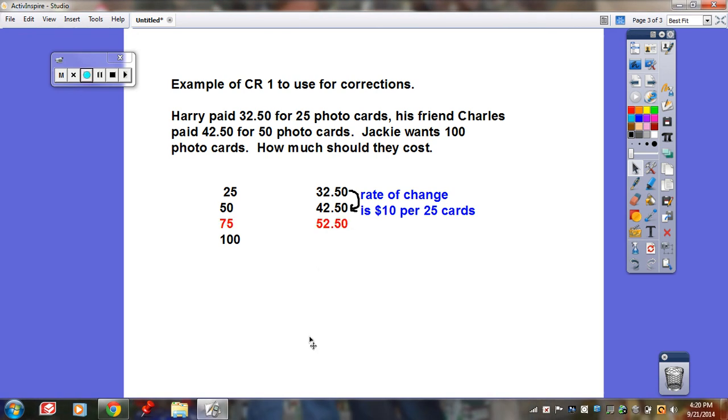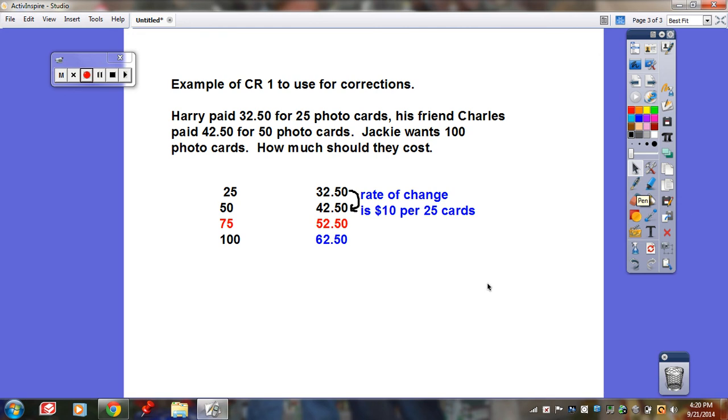So what I did is I figured up, okay, if the rate of change is $10 for 25 cards, if I go up 25 more cards, I would add $10. And then if I went up 25 more cards, I would add $10 more. So whenever I'm looking at this rate of change, it is telling me that I would have to pay $62.50 for the whole thing.